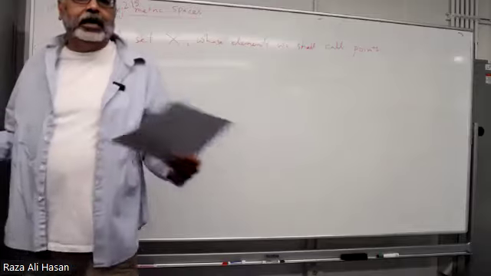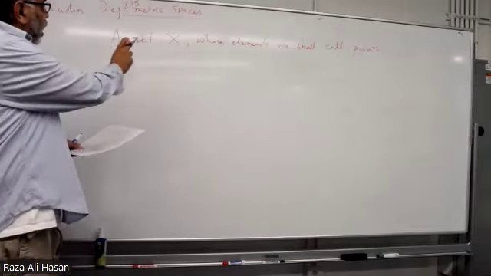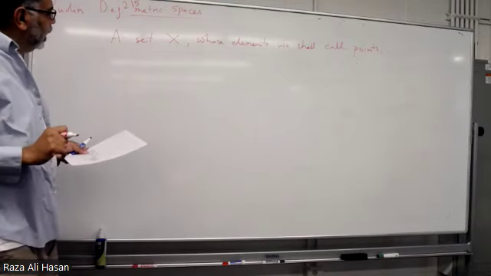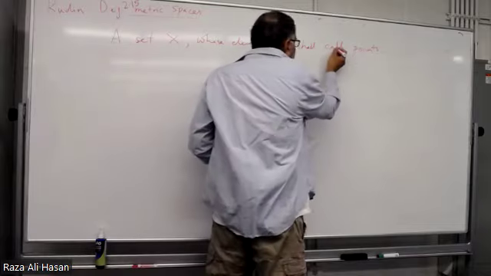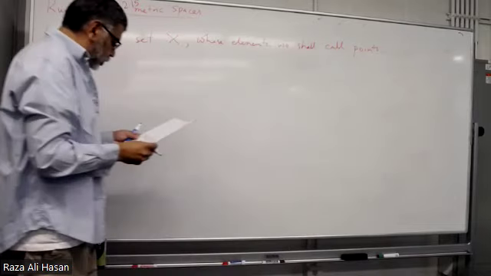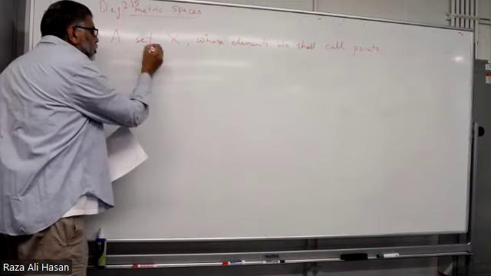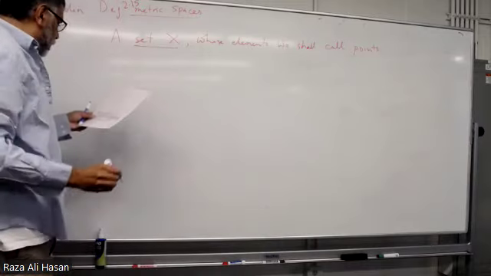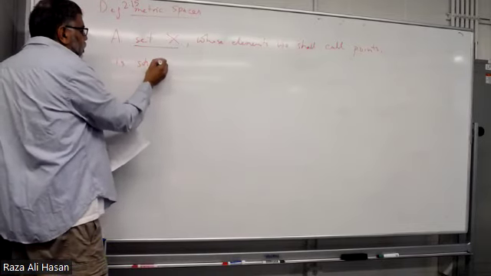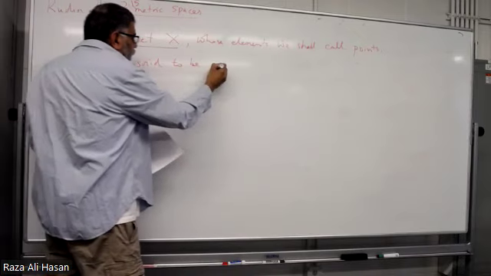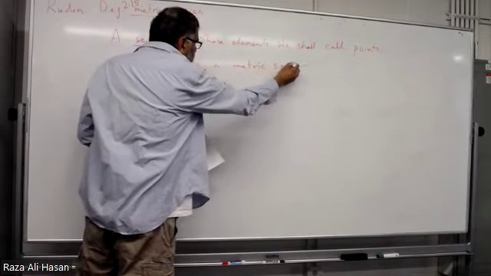Not like elements or terms we use for sequences. For this set X, we're going to call its elements points. And then this set X is said to be a metric space.